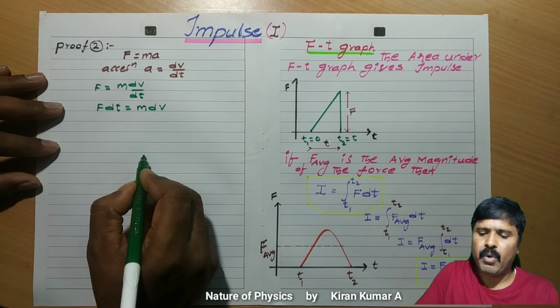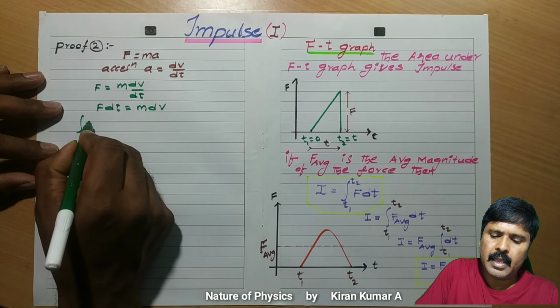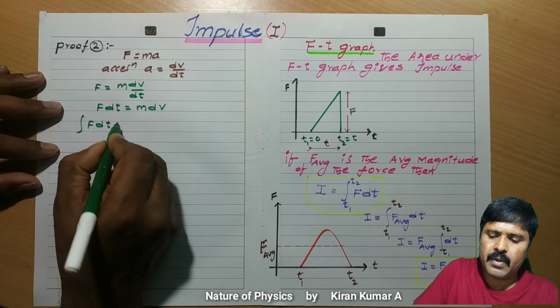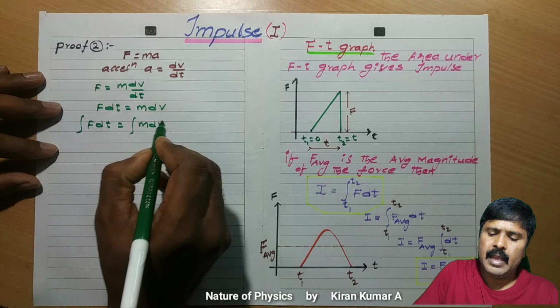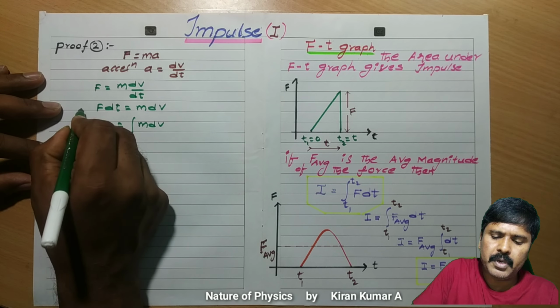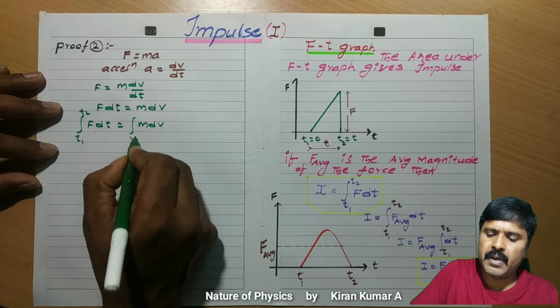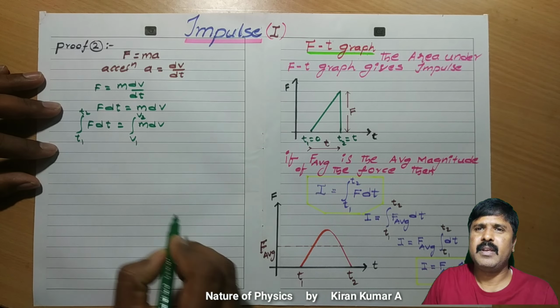And integrating on both sides, integral F dt is equal to integral m dv, with limits from time t1 to t2, and velocity v1 to v2, student.